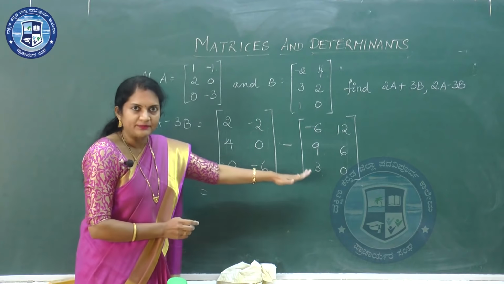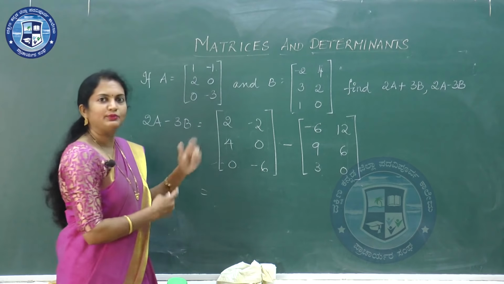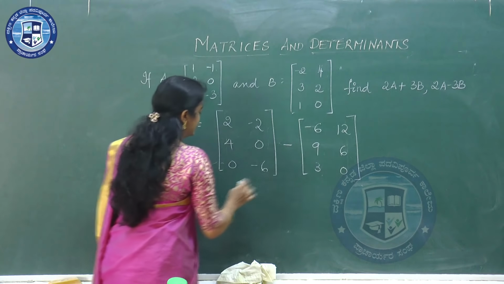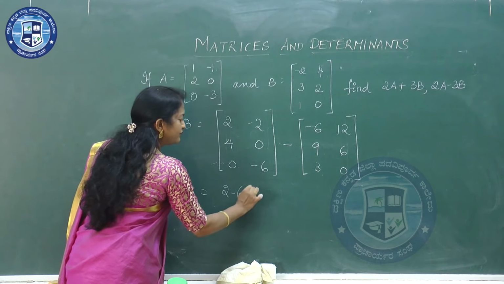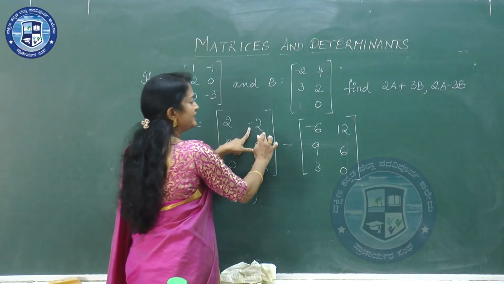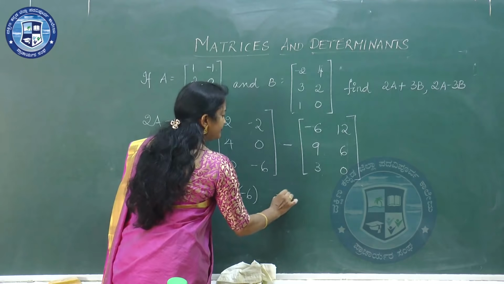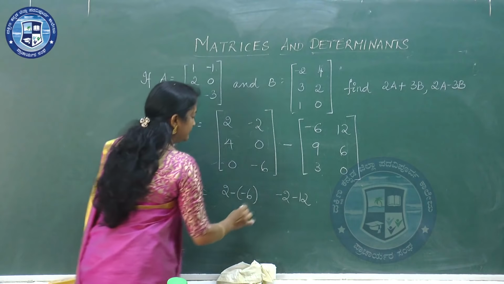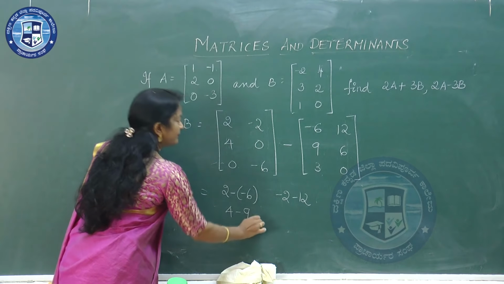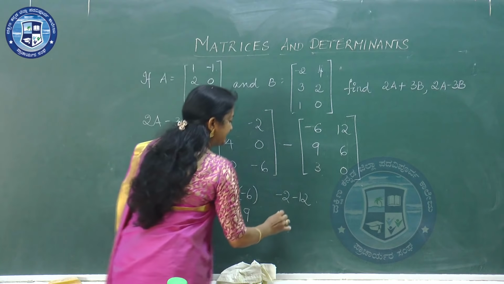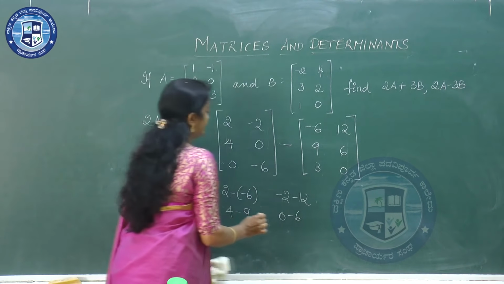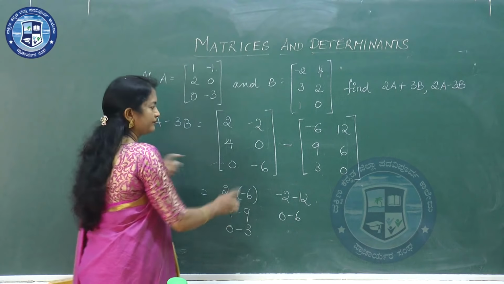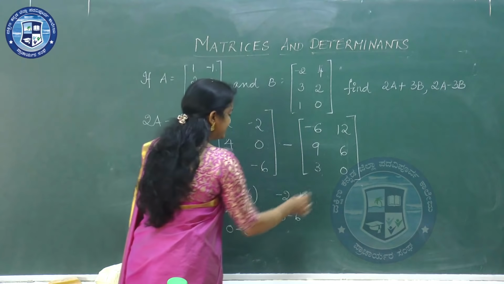When we are doing the subtraction of these two matrices, corresponding elements we will take the difference. 2 minus of minus 6, minus 2 minus 12, 4 minus 9, 0 minus 6, 0 minus 3, minus 6 minus 0.